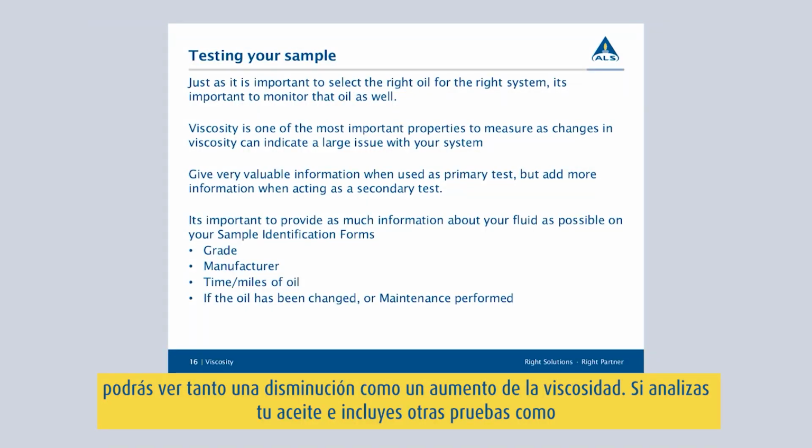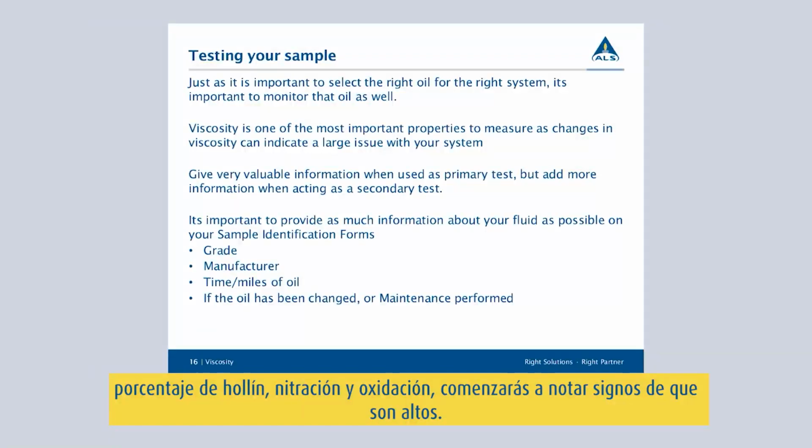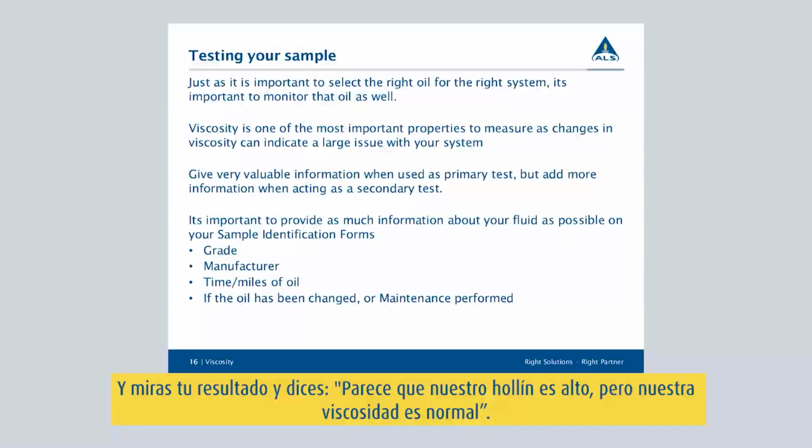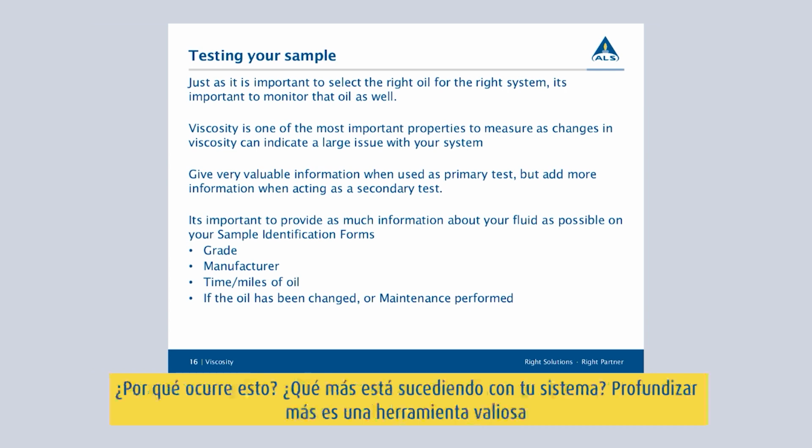But if you're testing your oil and you're including other testing in it, like soot percentage, oxidation, nitration, you'll start to see those things that indicate that they're high. And they'll also be able to kind of look it over and say, oh, it seems that our soot is high, but our viscosity is normal. Why is that? What else is occurring with my system?